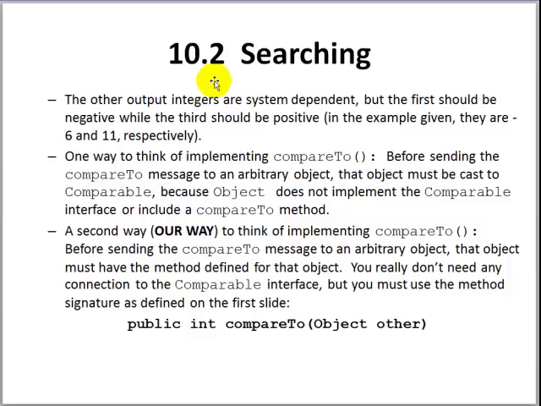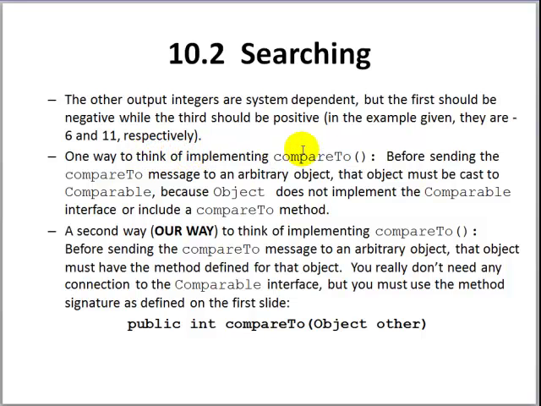This says that if you run this on your home system, maybe you'll get those values that I showed on the other screen, -6 and 11, or maybe you'll get something else. But what is definitely important is that you are looking for positive numbers or negative numbers or 0.